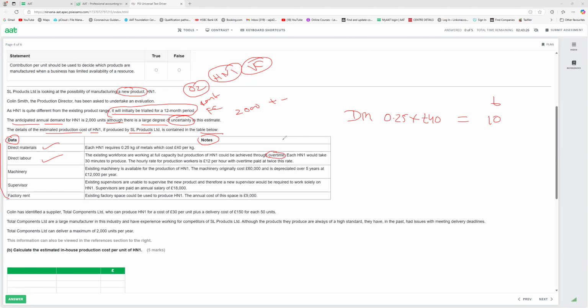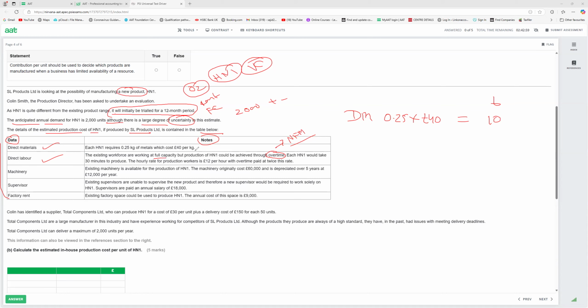So when you analyze the non-financial performance, or when you talk about the non-financial factors, you have to talk about the overtime. So for the non-financial factor, you have to say maybe the employees will not be willing to work overtime. They are working full time anyway. So they're working at full capacity, but they have to work extra hours to make the new product.